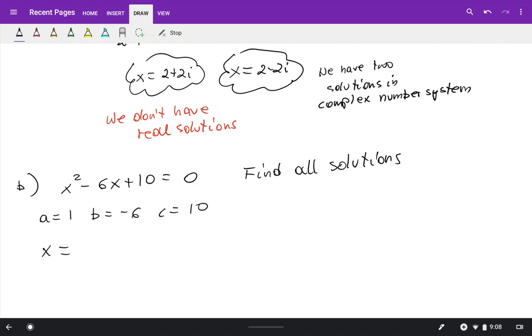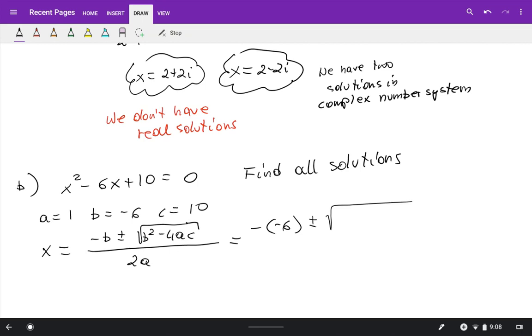Going to use the quadratic formula, negative b plus minus the square root of b squared minus 4ac, and everything divided by 2 times a. So negative b, negative of negative 6, plus minus. Under the square root, we have b squared, which is negative 6 to the second power.